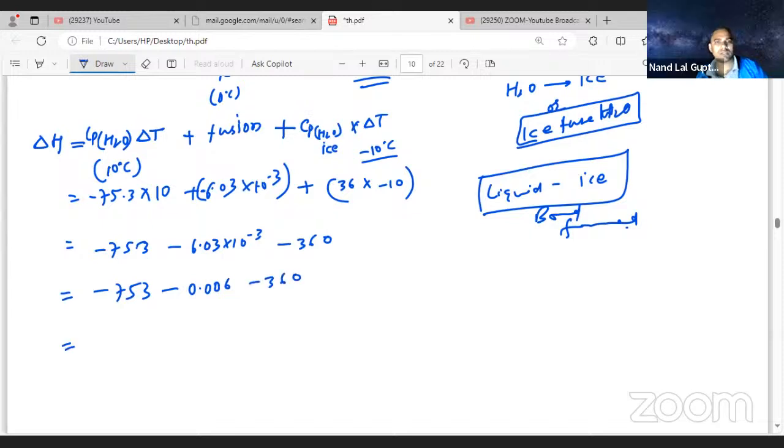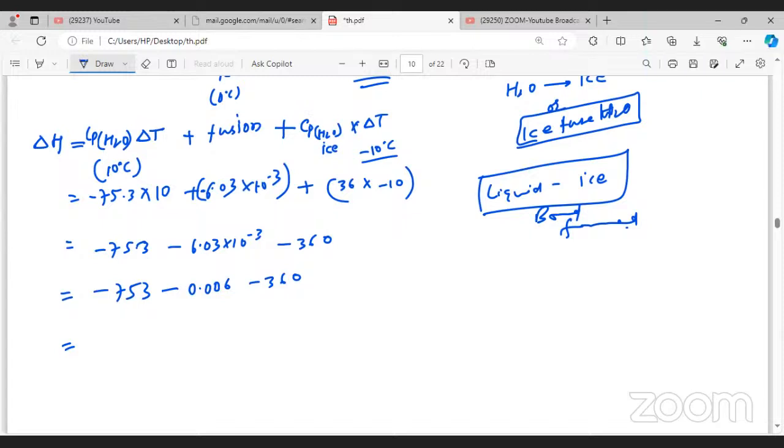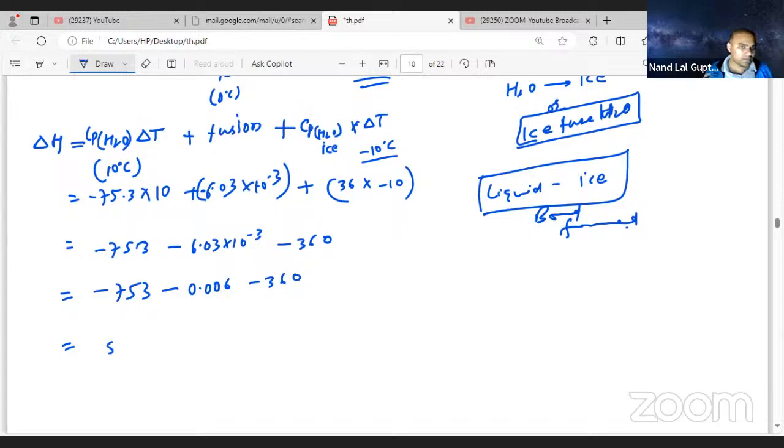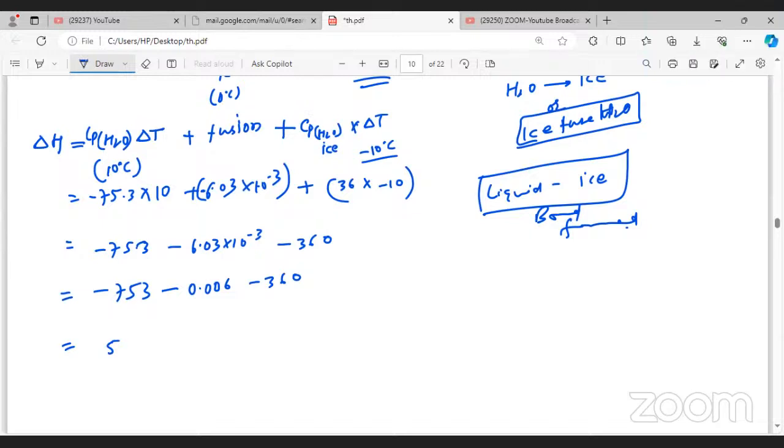Now you solve and check how much it's coming. 0.006 minus 360. So first of all, 753 minus 360 is 367,789. Something it is coming. 4, 383.